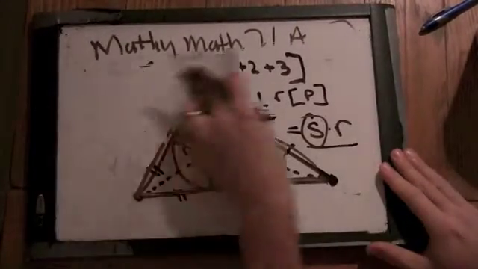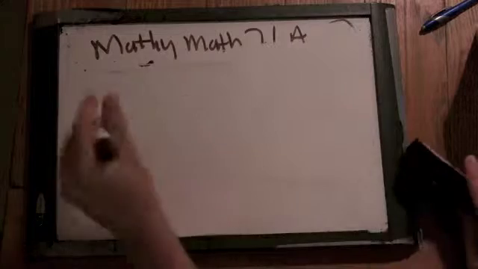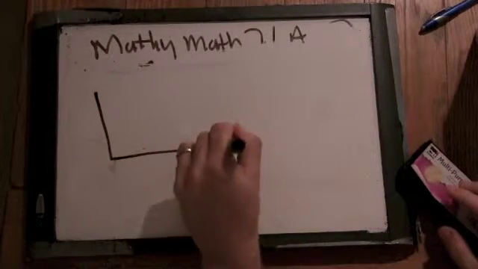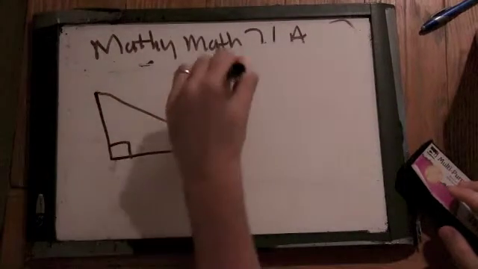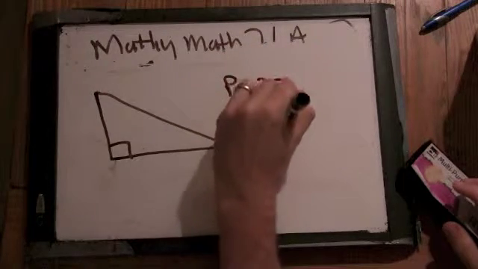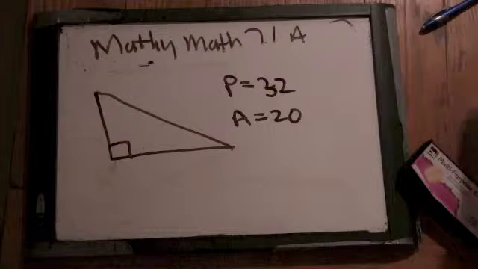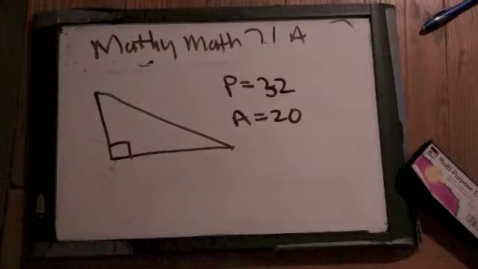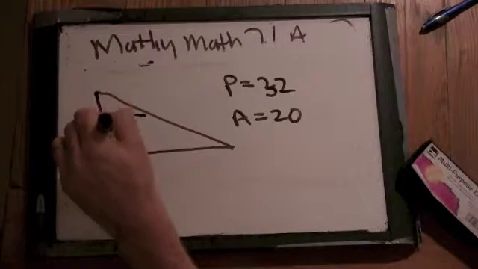All right, so we know we have a right triangle. The perimeter was 32. The area was 20. So what's the radius of the inscribed circle going to be here?